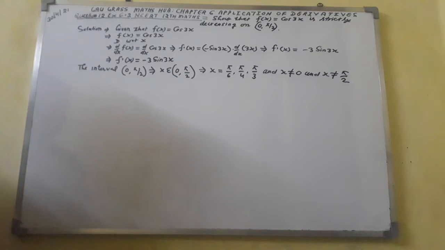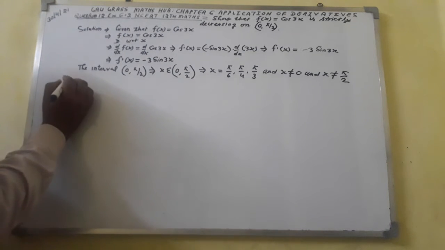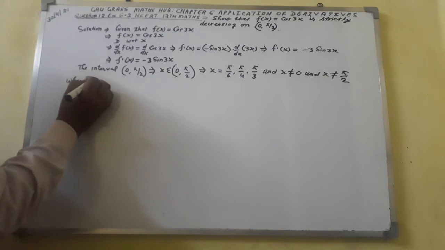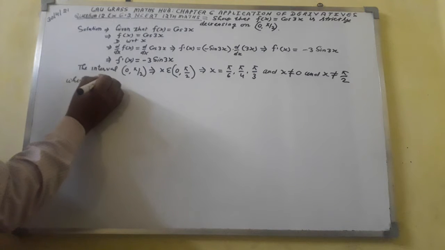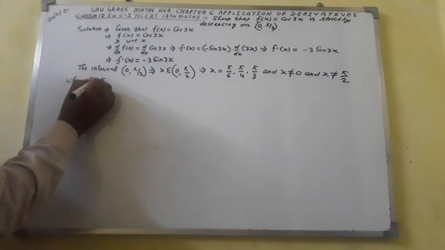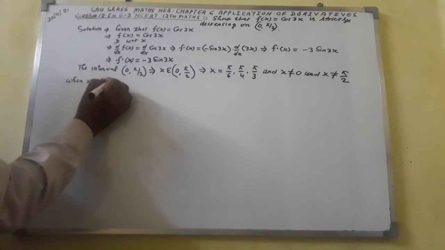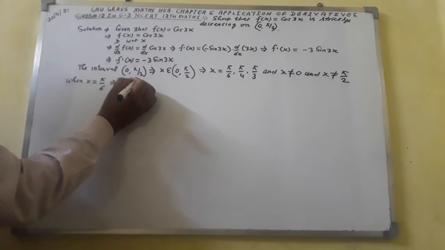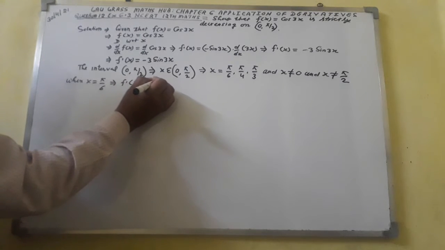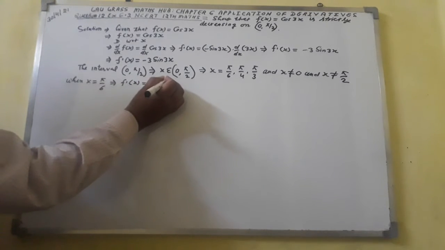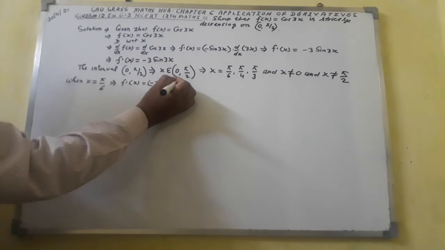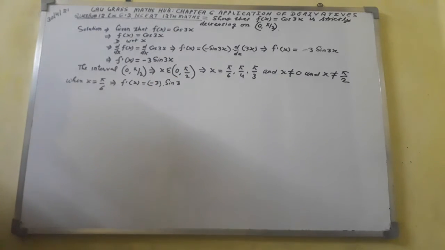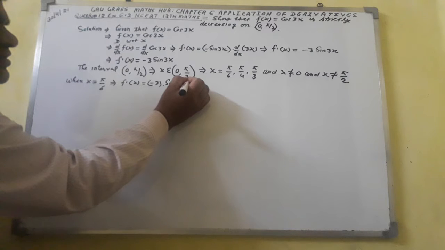First of all, when I take x equal to pi by 6, f dash x is equal to minus 3 sine 3, and in place of x I shall write pi by 6.